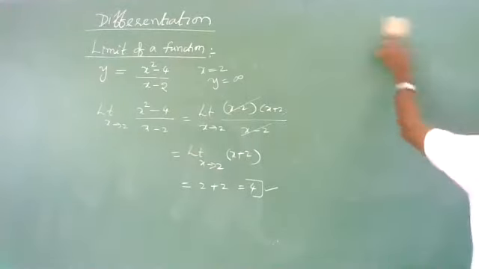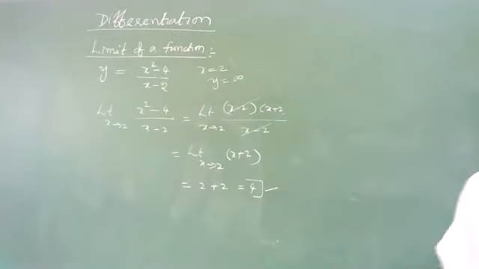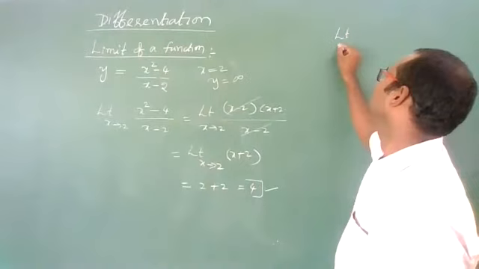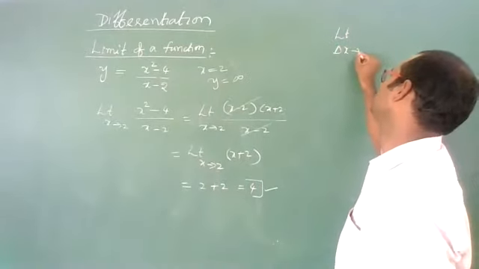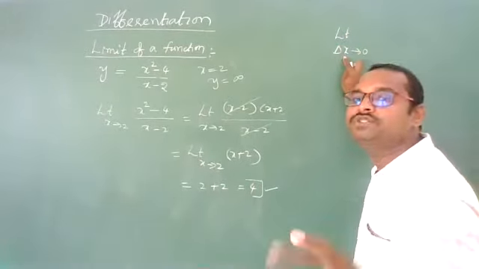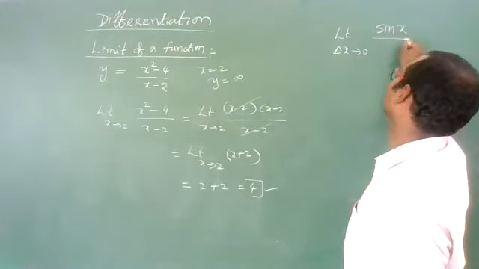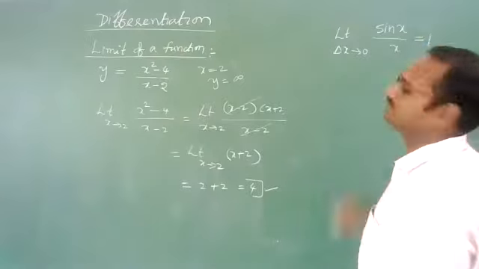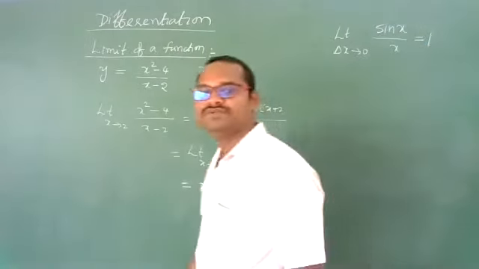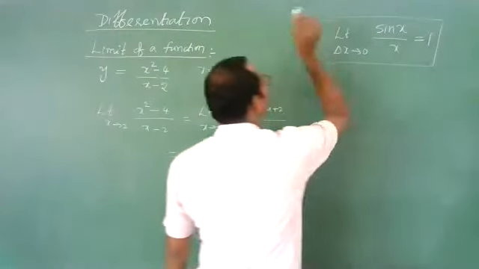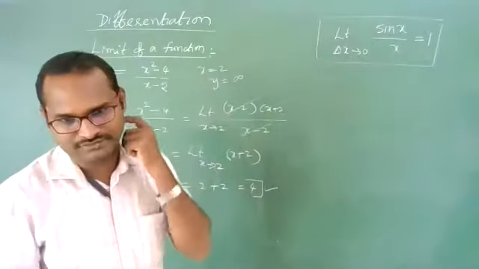One formula I am giving you, and it is very important. That is limit delta x tends to 0. Means whenever you have x tends to 0, then sin x divided by x value is always 1. Always this value is 1. You need to remember, very important value in math. So many times it will be useful for you.